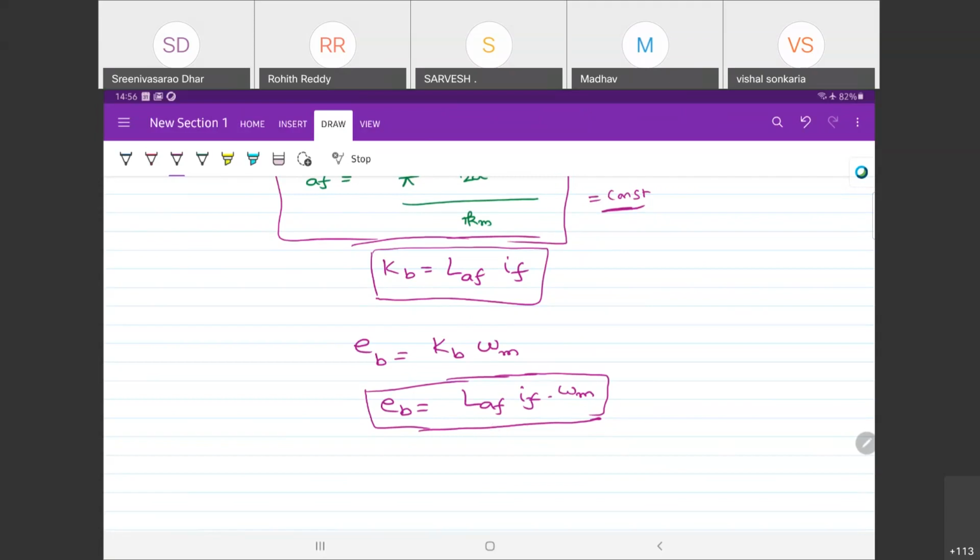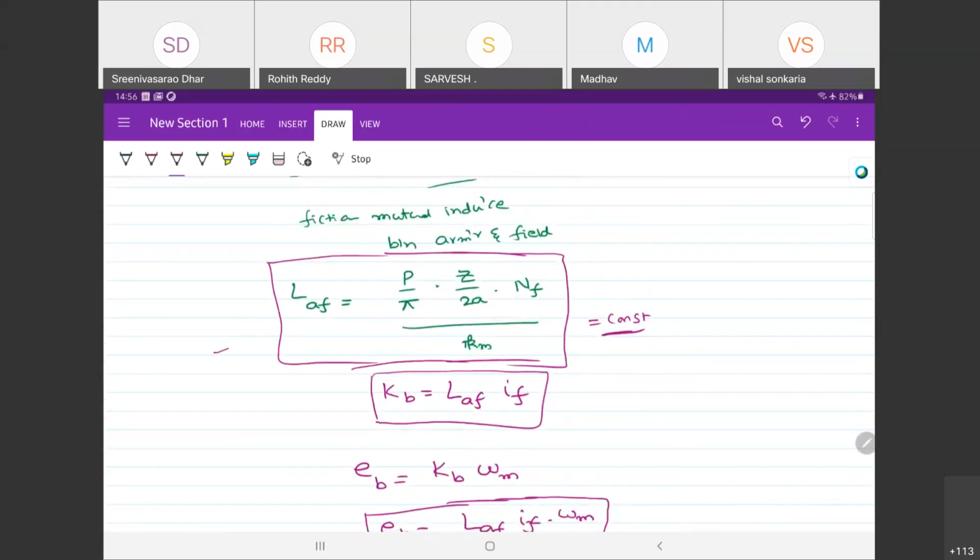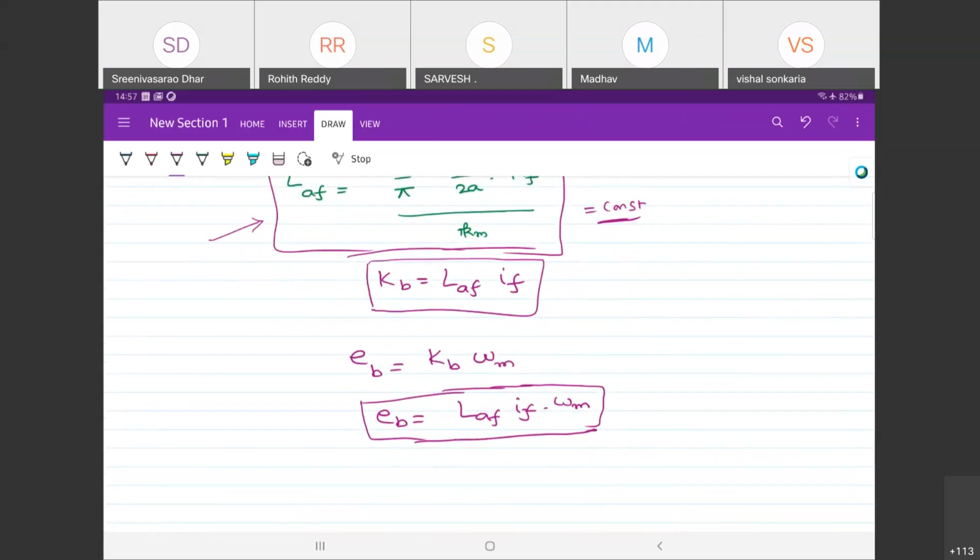Here this LAF for any motor is specified by the manufacturer. By calculating all these variables, the manufacturer will specify what is LAF, what is armature resistance, and what is field resistance. So this LAF is very important when you are designing the machine. The armature current, the speed, everything depends on this LAF only.